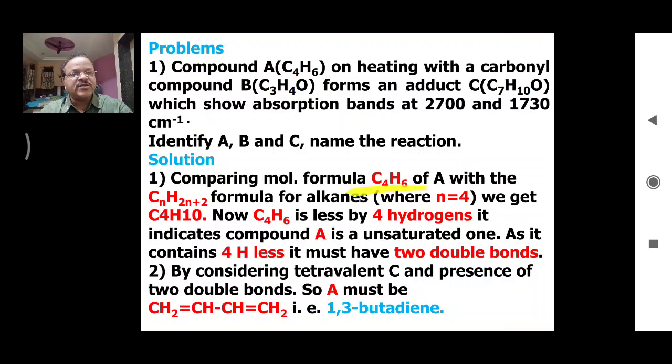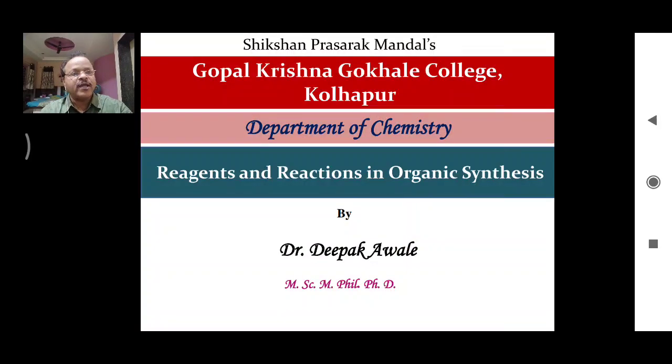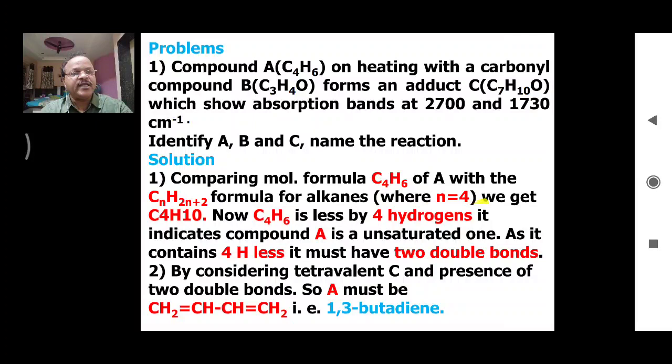Compound A contains 4 carbon atoms, so the value of n is 4. After putting this value of n in the formula CnH2n+2, we obtain C4H10, the saturated compound corresponding to compound A.